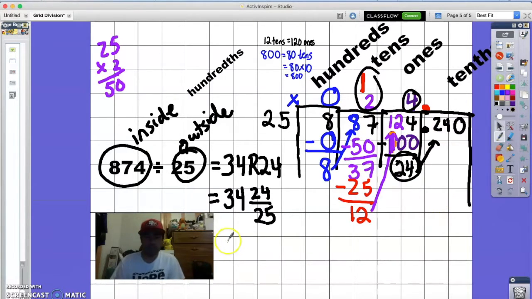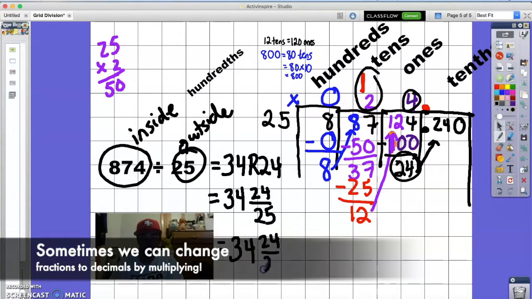But there's another cool way to do this if I wanted a decimal. So for example, what if I just decided to multiply by 4? Now I would have 24 times 4, which is 96.